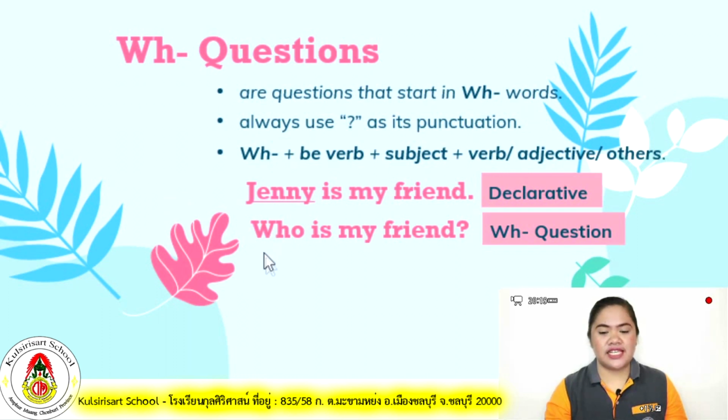As you can see, we started by putting the WH word, and next is the be verb. We have the be verb here, is. And also, since we asked for Jenny, we have the continuation, verb, adjective, or others.